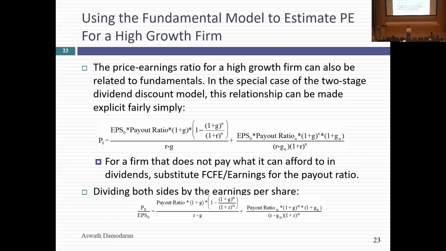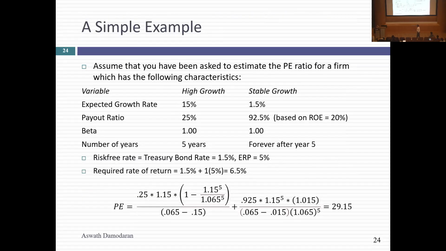I'm going to give you a hypothetical company. It has high growth, 15% growth for the next 5 years, and then after that it's going to grow 1.5% a year in perpetuity. For the next 5 years, during its high growth phase, it's going to pay out only 25% of its earnings as dividends. Why? Because it needs to reinvest to get the growth. But beyond year 5, it's going to pay out 92.5% of its earnings, because the growth rate is much lower.